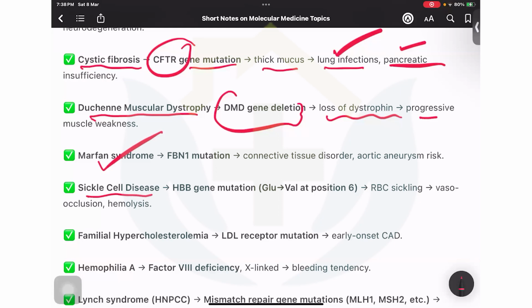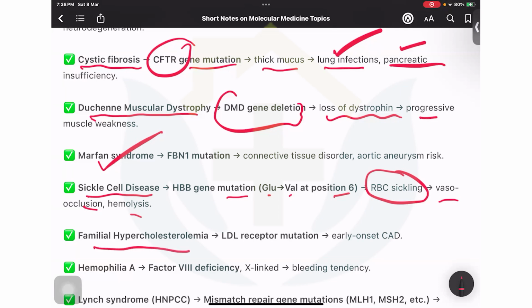Sickle cell disease, everybody knows it is a hemoglobin beta gene mutation. Glutamic acid is replaced by valine at position 6. RBC undergoes sickling wherever there is hypoxia or oxidative stress, leading to vaso-occlusion and hemolysis, vaso-occlusive crisis, jaundice, and sometimes death.